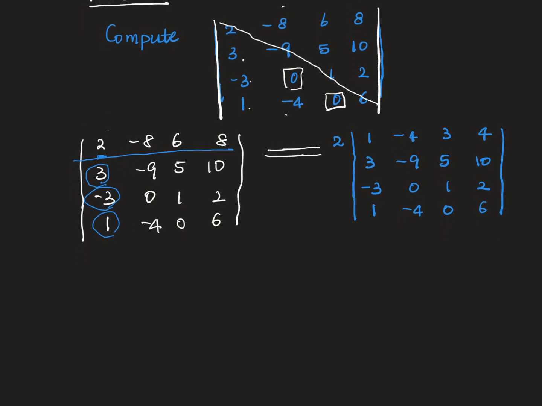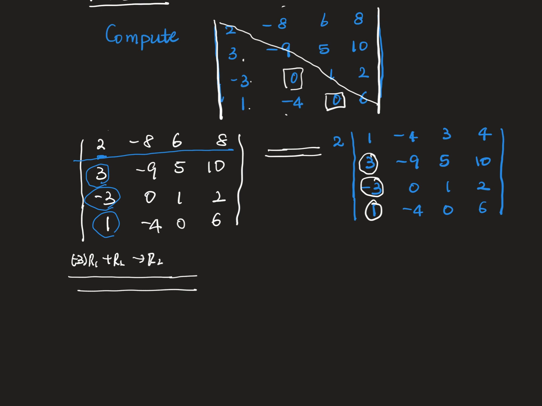Now, this should be 0, this should be 0, this should be 0. So replacement doesn't change any determinant. You're not going to change anything, just replacement. So you're going to do -3 times R1 plus R2 going to R2.